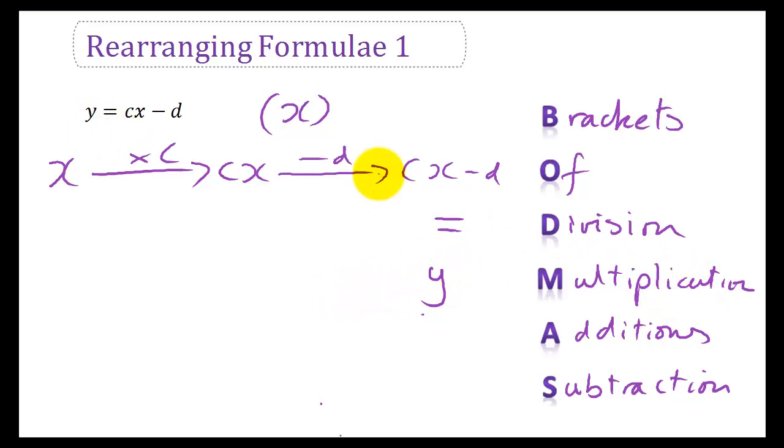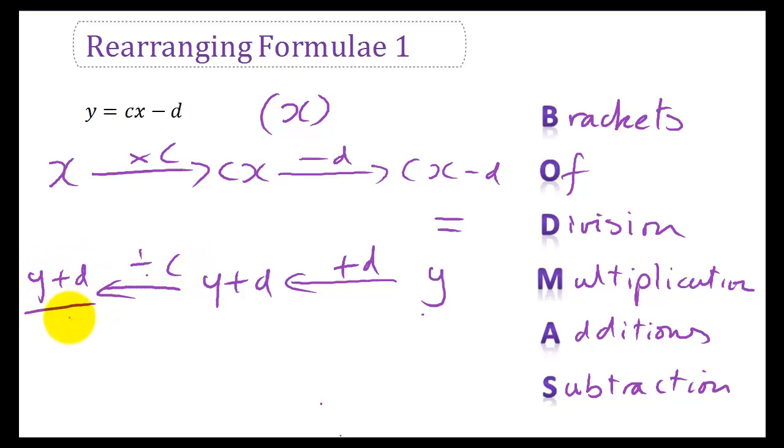Now we go in the opposite order to undo. We undo the minus d by adding d, so you get y plus d. Next we undo the times by c by dividing by c, so we get y plus d over c. Therefore x equals y plus d over c.